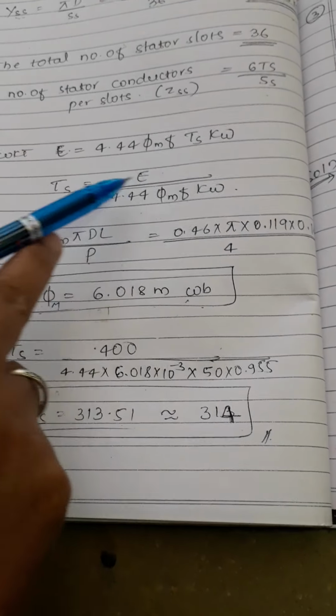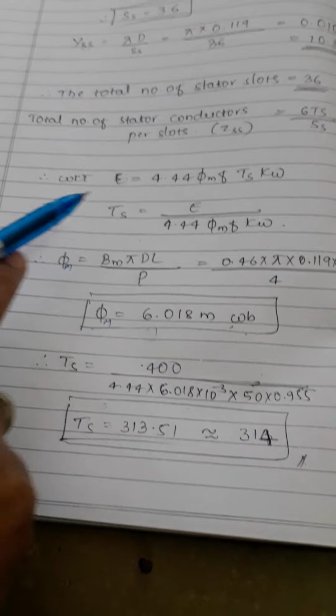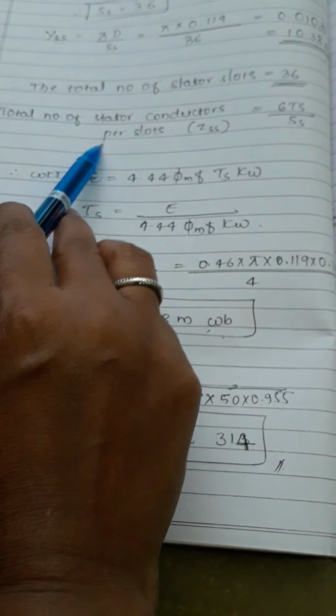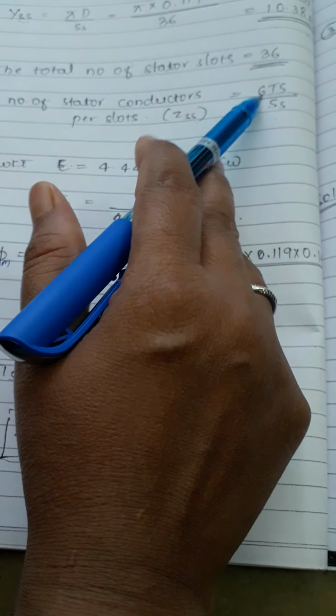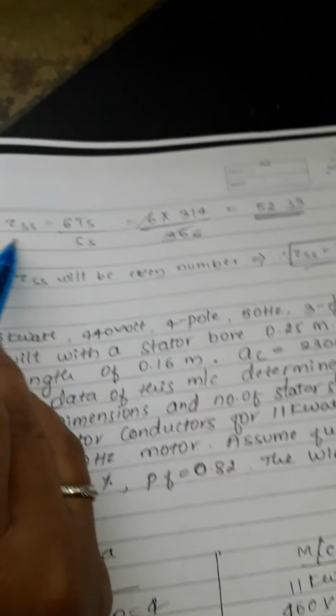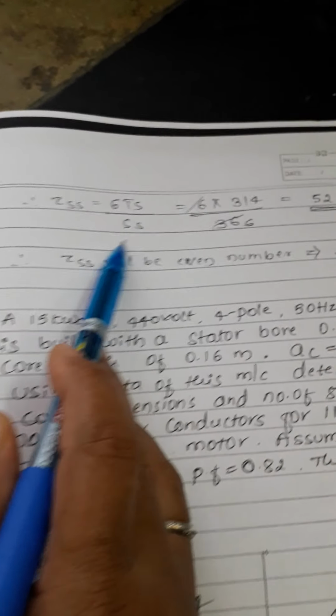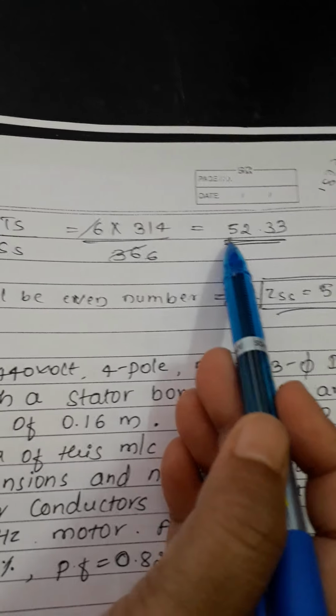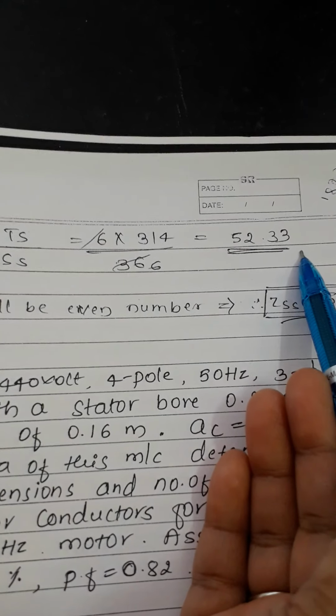So in this formula, total number of stator conductors per slot ZSS is 6 TS upon SS. We got TS, substitute, and SS we know. So ZSS is equal to 6 TS upon SS, and we got 52.33.